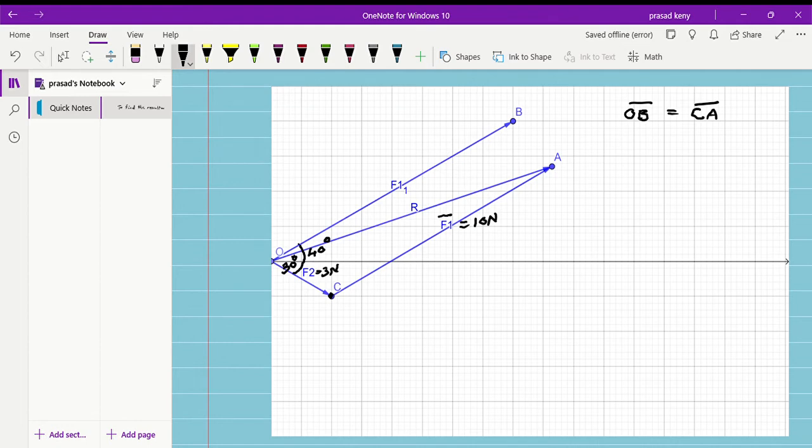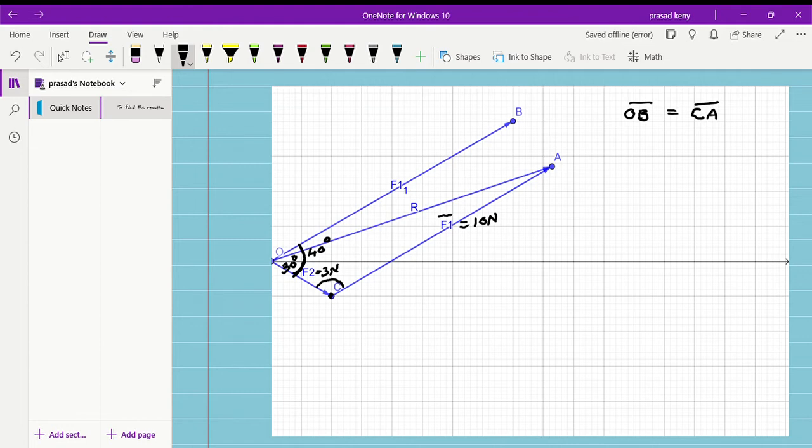That means this total angle here is 70 degrees. Now, you know that if two lines are parallel, then angle BOC and angle OCA are interior angles, and interior angles are supplementary.